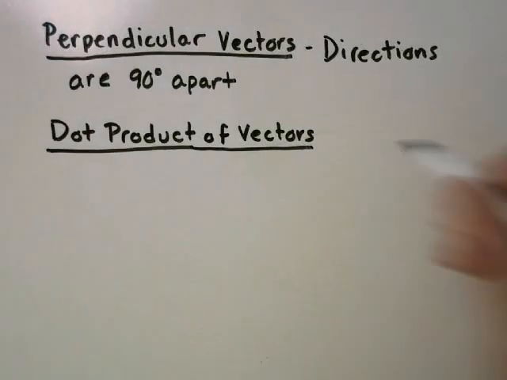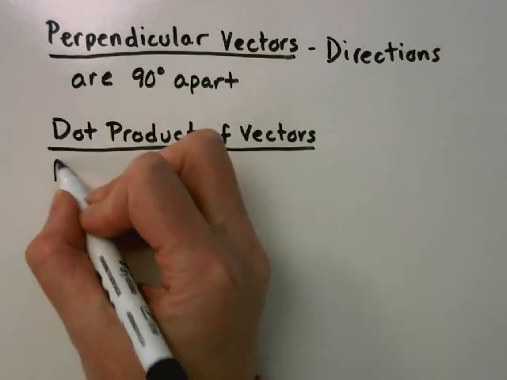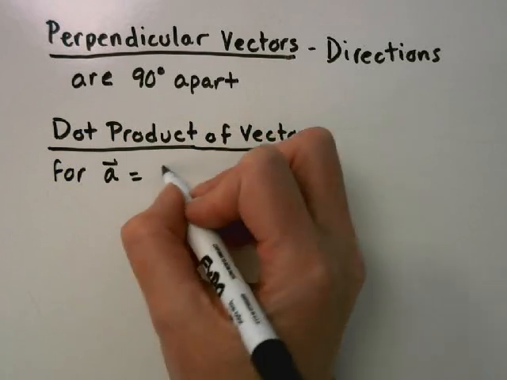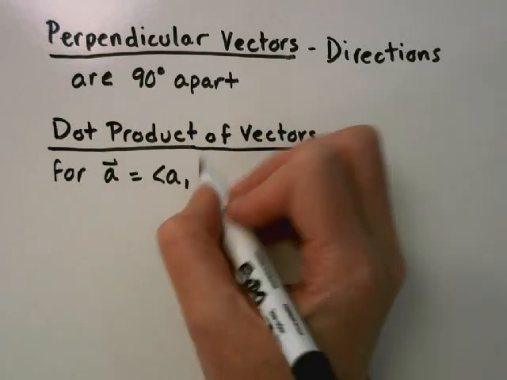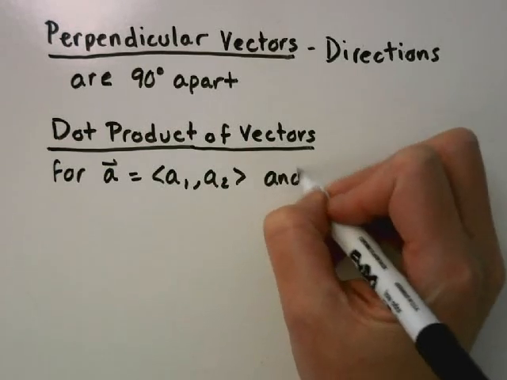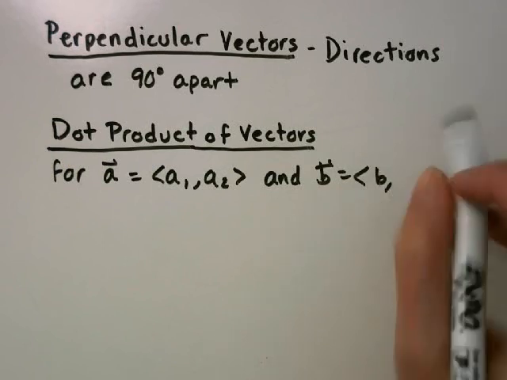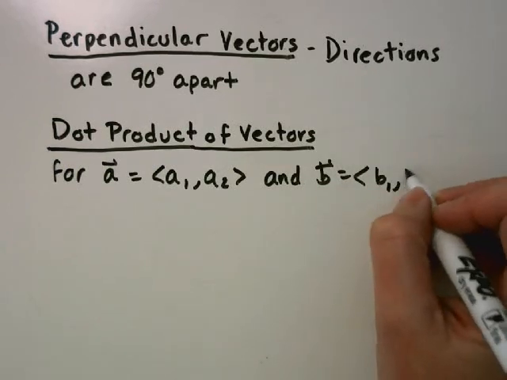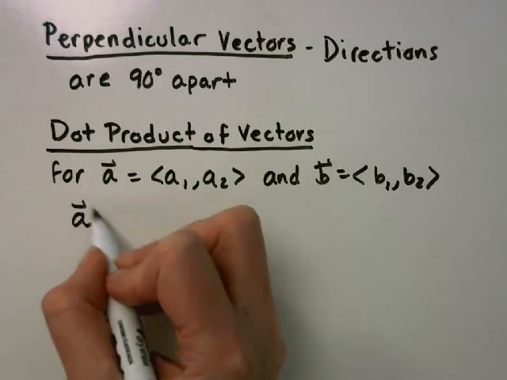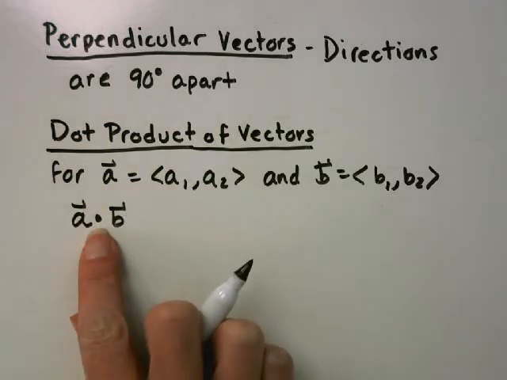The dot product of a vector. Let's say we have some vector A, which I'm just going to call (A1, A2), or you can do this with x and y, and some vector B, which I'm going to label as (B1, B2). The notation for the dot product is a dot.